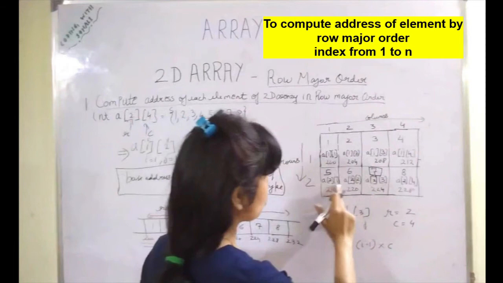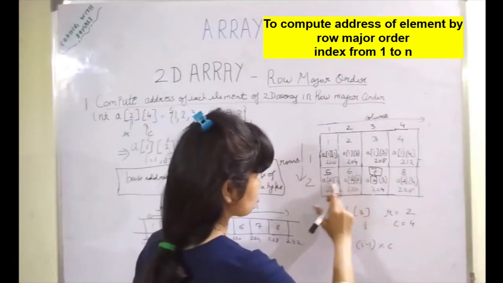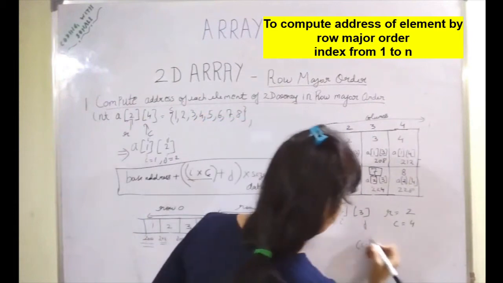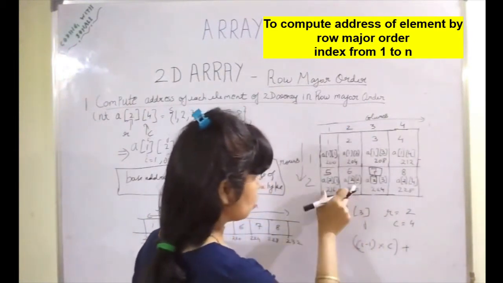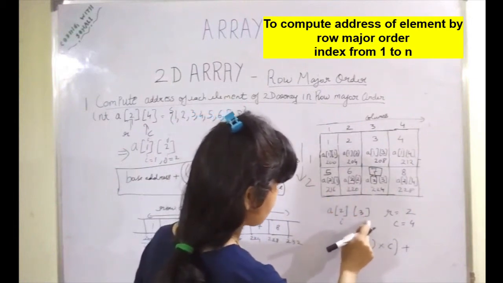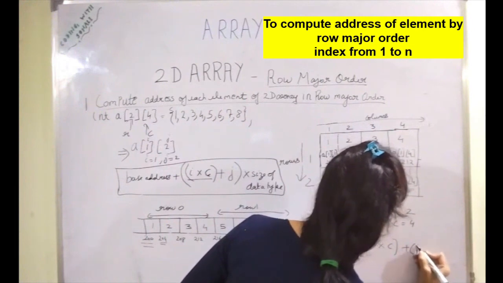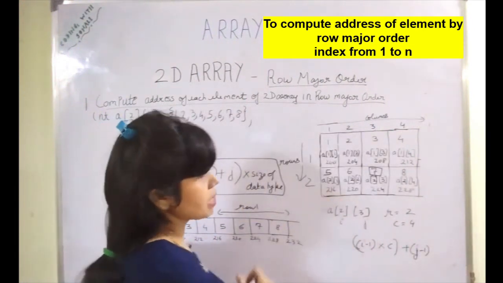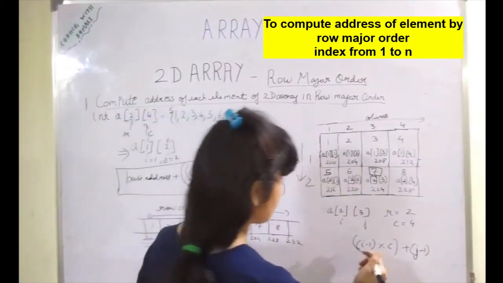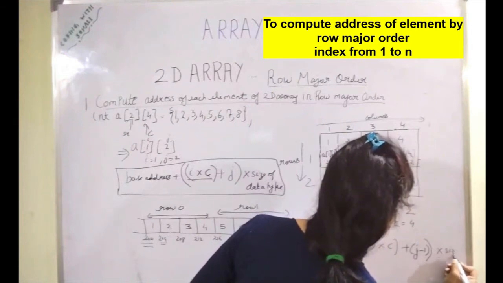Now you are remaining with crossing 2 more elements in order to reach 7. So how to get this 2 value? If I subtract J by 1, J minus 1, I will get the answer as 2. So 2 elements more I have to cross. Then I will multiply by the size of the data type.